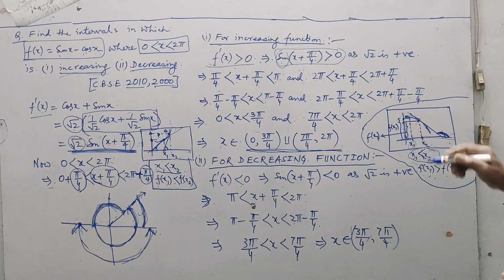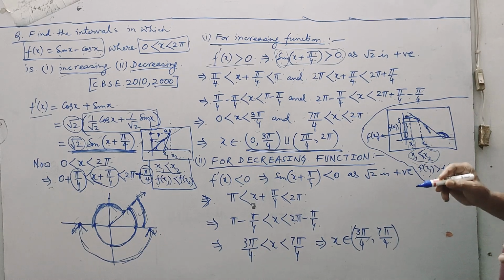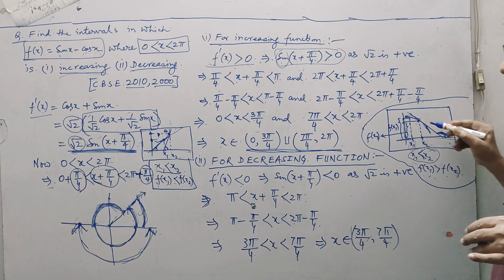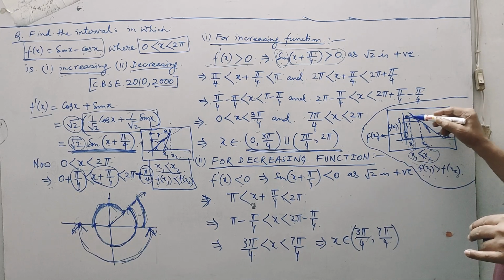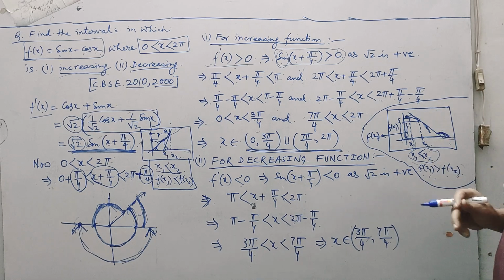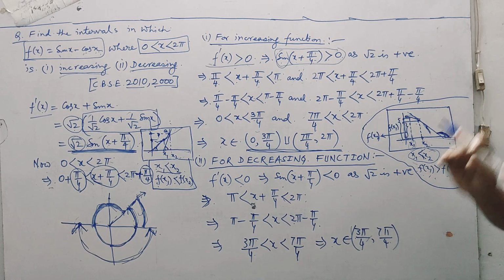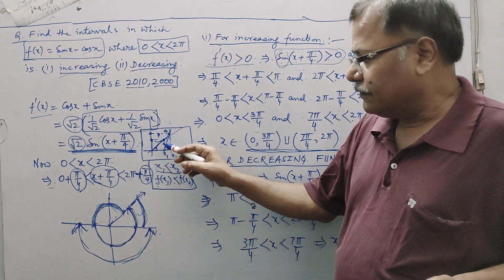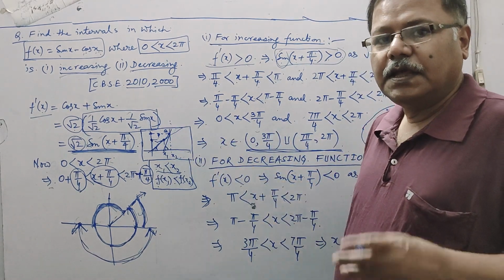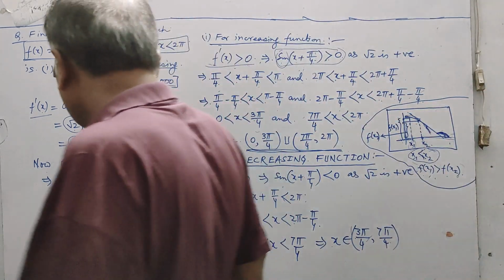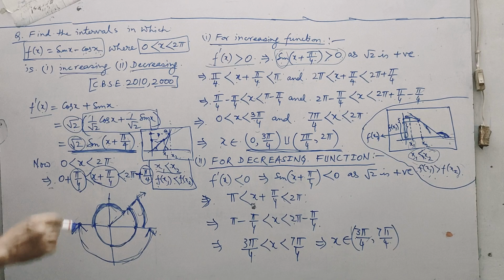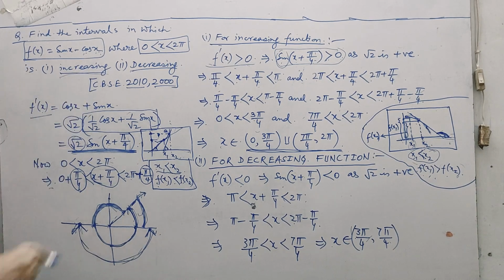That means if the function is decreasing, then dy/dx is always negative, because tan θ with an obtuse angle will be negative. So as the function is decreasing, f'(x) will always be negative. And over here, if the function is increasing, then f'(x) or dy/dx will always be positive. Now using these concepts, we are going to deal with this problem.